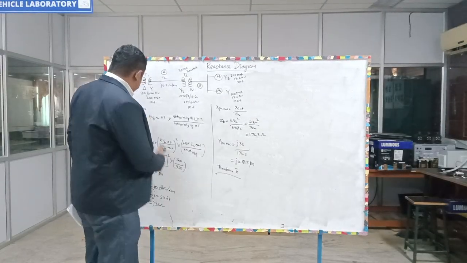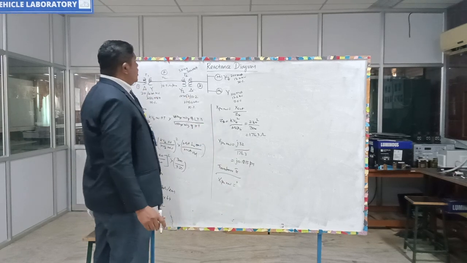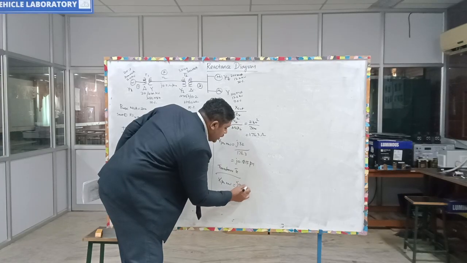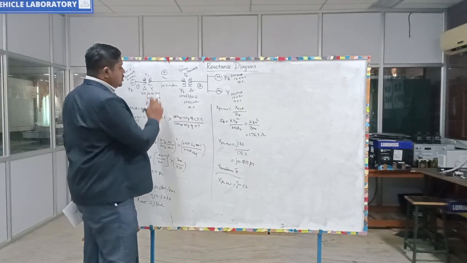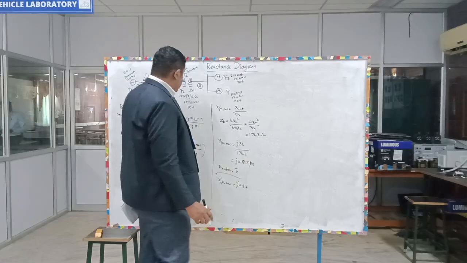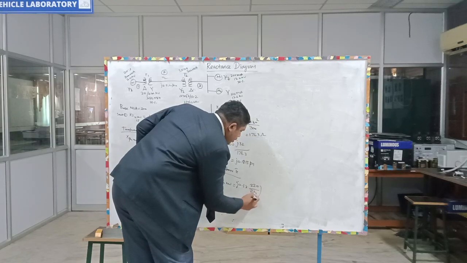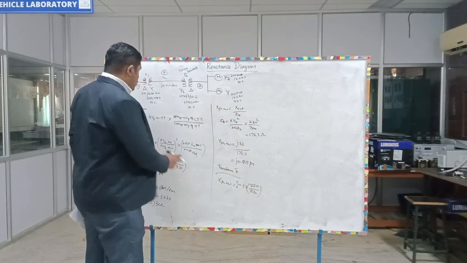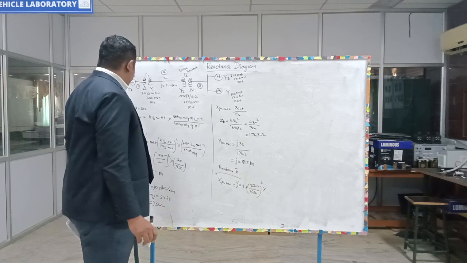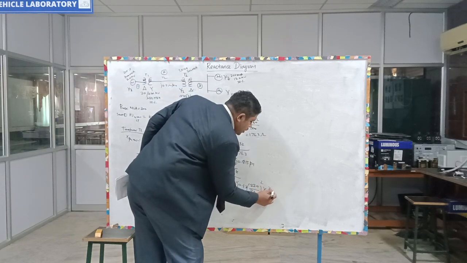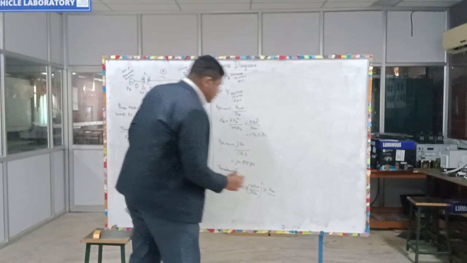Same formula: X per unit new is equal to X per unit old of transformer T2, which is 10%, so J0.1 into kV base old by kV base new. kV base old for transformer T2 is 220, divided by kV base new 230, whole square, into MVA base new 300 divided by MVA base old for transformer T2, which is 300.